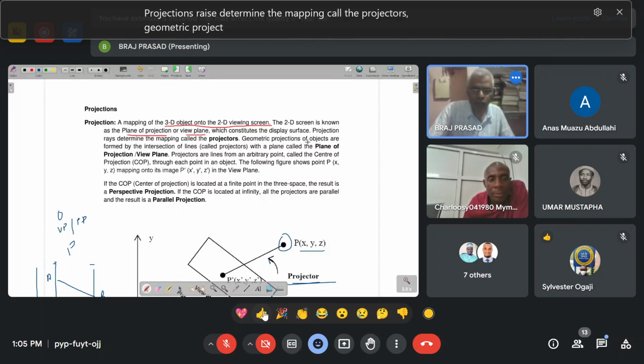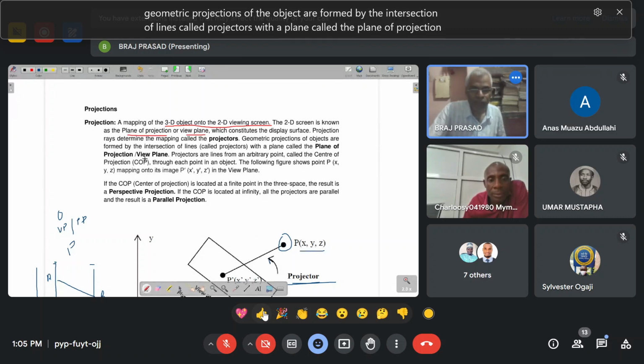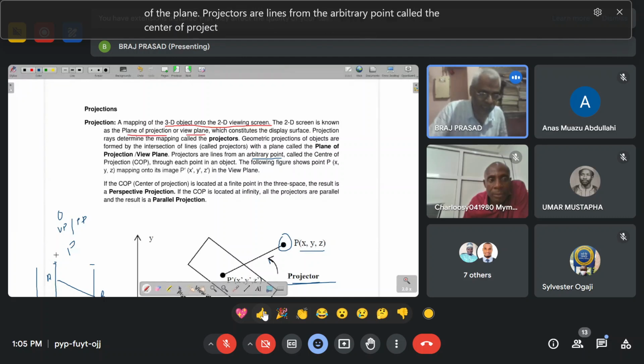Geometric projections of the object are formed by the intersections of lines called projectors with a plane called the plane of projection or view plane.